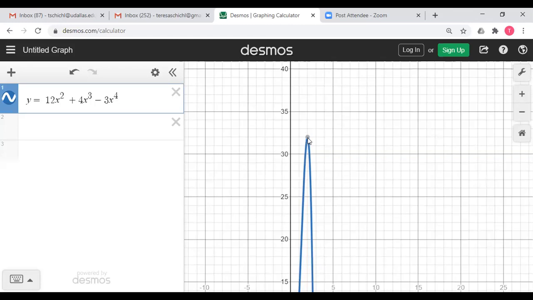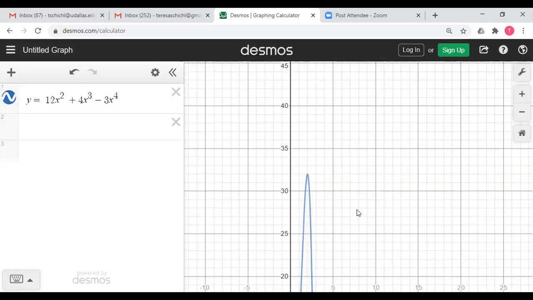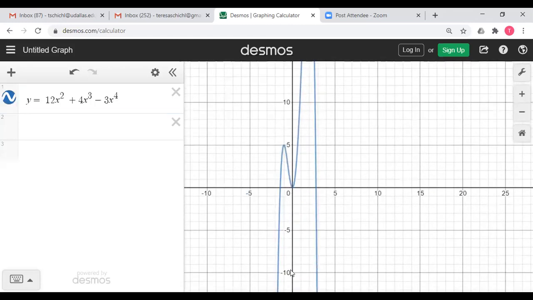Okay, they also ask what the intervals of increasing or decreasing are. Increasing is from here all the way to here, so from negative infinity to negative 1. After that, boom, it decreases. The decrease is from negative 1 to 0.